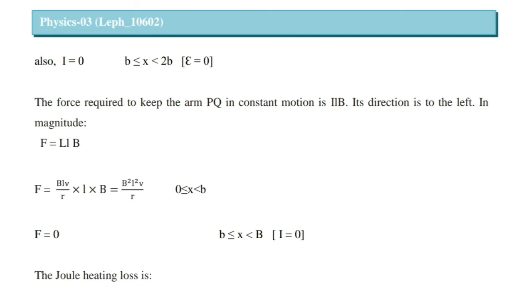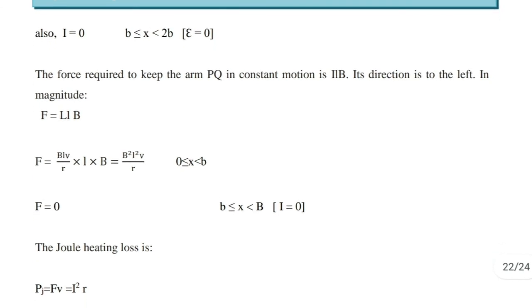experienced by the conductor. So we are finding ILB, or LIB, in whatever way you can take. We will just substitute for B and I. B is B as such, L is L as such. What is I?